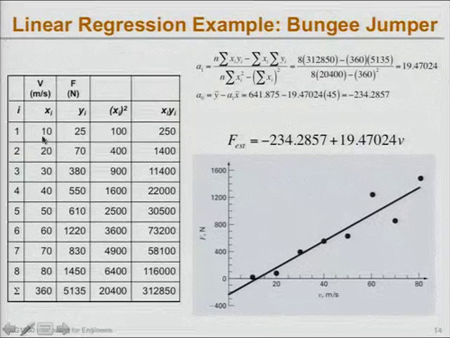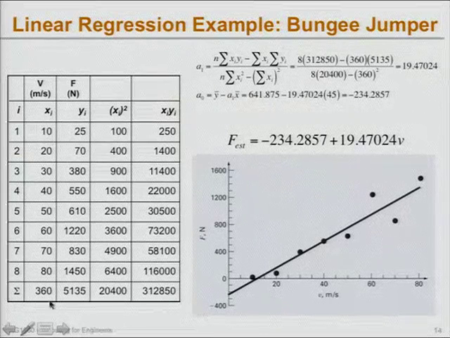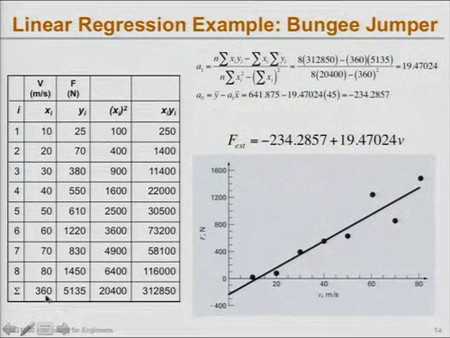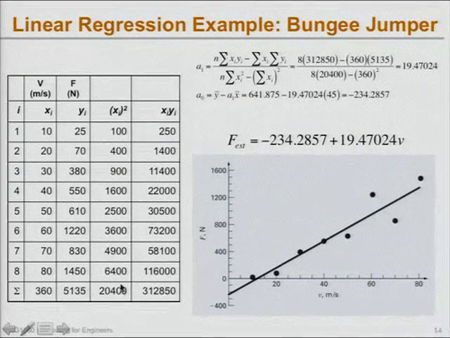So we've solved our equation for a0 and a1. These are the data values, x, y, for all of the different points. We need to calculate xi squared. We need to calculate xi times yi, so that's just 10 times 25 is 250, 20 times 70 is 1400, etc. Then we have to sum up all the x's, all the y's, all the xi squareds, all the xi times yi's, then plug them into this formula.